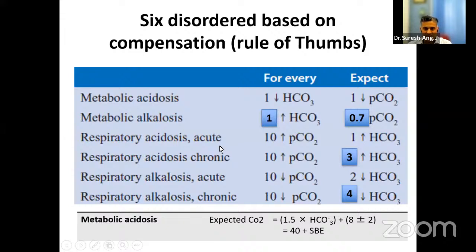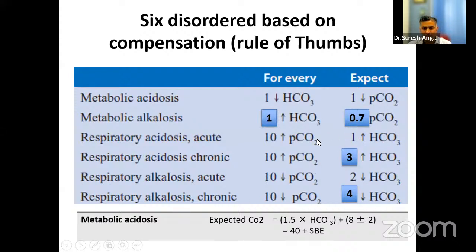For respiratory acidosis, for every 10 increase in PCO2, there is a 1 increase in bicarbonate for acute, and a 3 increase in bicarbonate for chronic respiratory acidosis. For respiratory alkalosis, for every 10 decrease in PCO2, there will be a 2 decrease in bicarbonate for acute and a 4 decrease in bicarbonate for chronic respiratory alkalosis.